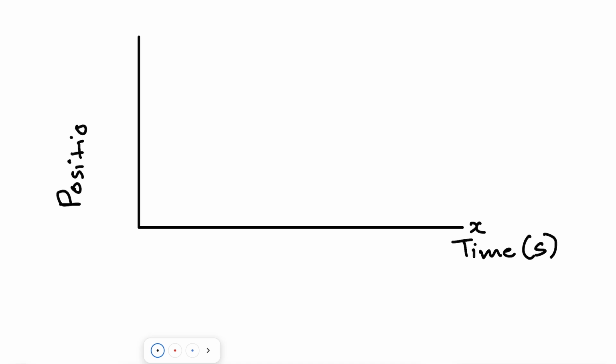Now let's label the information that we have. The x-axis is going to be the time, and you write the units, so it will be seconds. And then the y-axis is going to be our position. The units are going to be in meters.